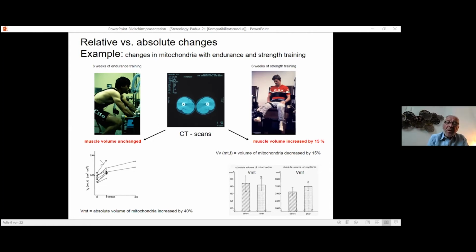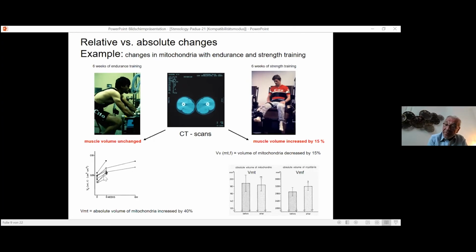So if you have unchanged muscle volume, the increase in volume density of mitochondria with 6 weeks of training represents the increase of the absolute volume of mitochondria in muscle. So you can see that with an unchanged muscle volume, the relative change of mitochondria is indicative of the absolute change of mitochondria.